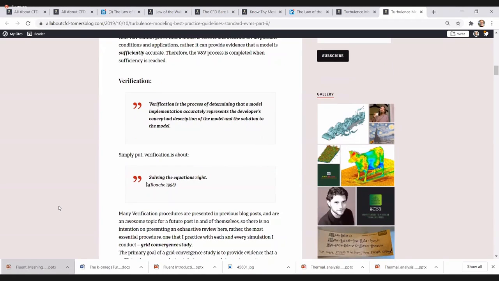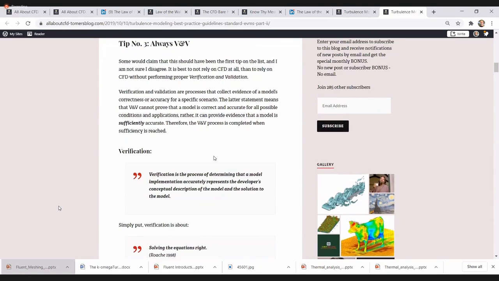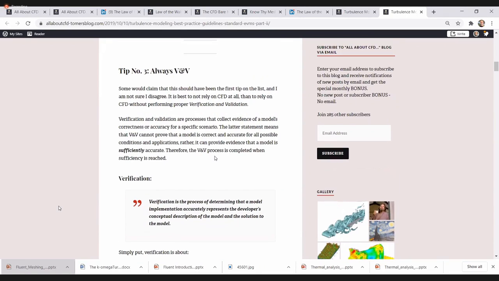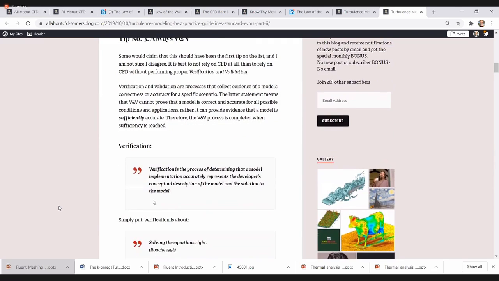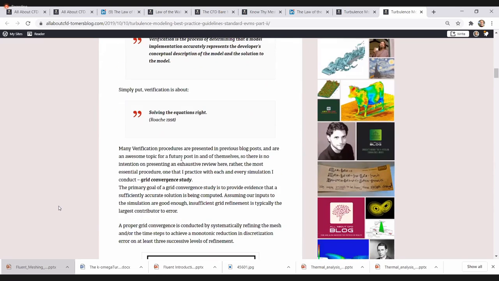Or simply put, solving the equations right. If you code the equations, they're sufficiently accurate. That shouldn't pose a problem.